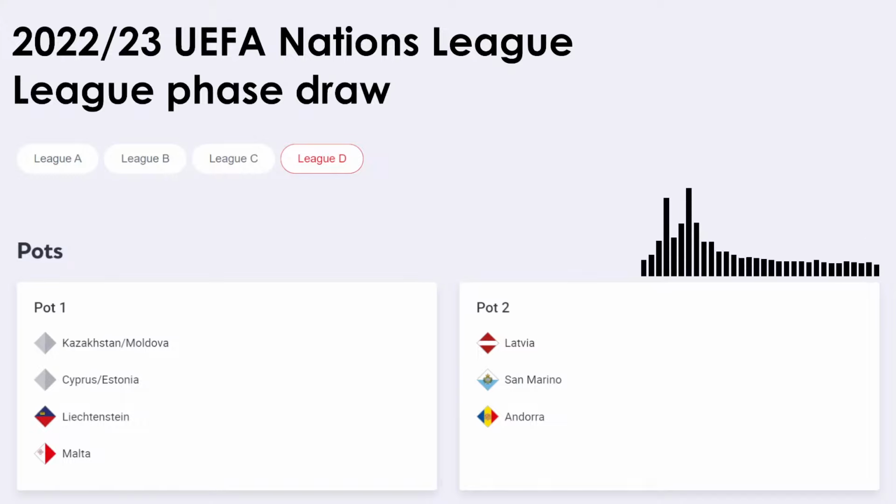Here is how League D's ports are working: Port 2, Andorra, San Marino, and Latvia. So Group D, Latvia is the first team drawn. Latvia versus San Marino.